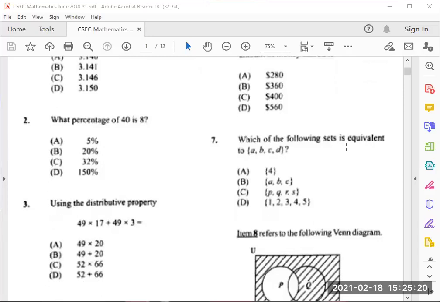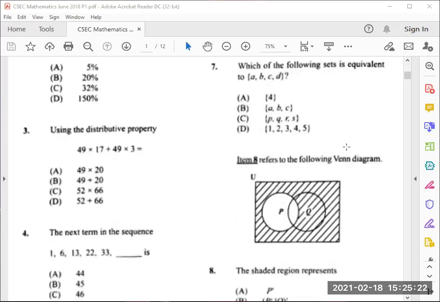Number 7. Which of the following sets is an equivalent set to ABCD? What's an equivalent set? Everything in the sets are equal, sir. Yeah. So I see Tashelle says C and Sanola said C. C is correct.